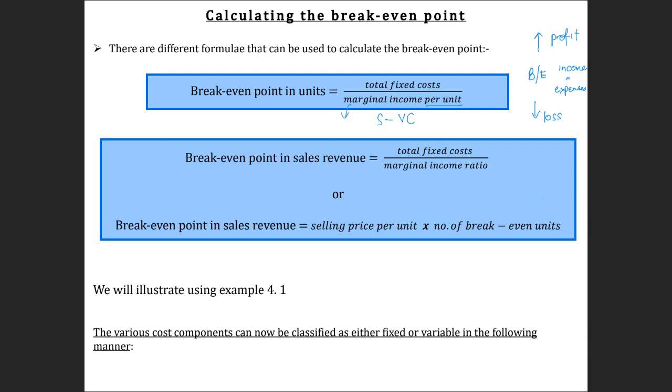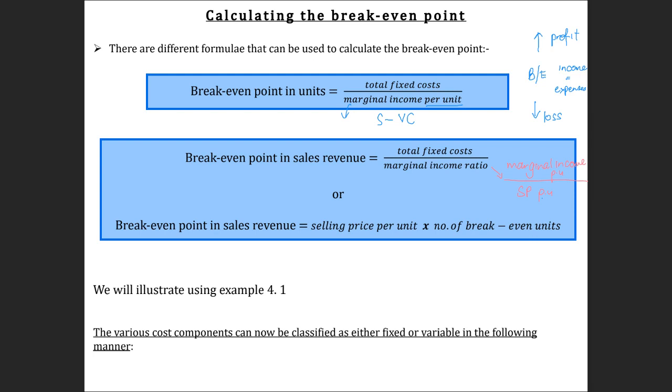The marginal income ratio is, remember, the marginal income per unit divided by the selling price per unit. So if you're using that formula, then your denominator is a fraction of its own, where the marginal income ratio is your marginal income per unit over your selling price per unit. And then you have the total fixed cost divided by this.